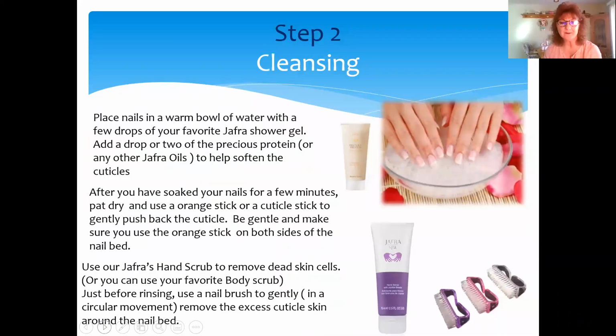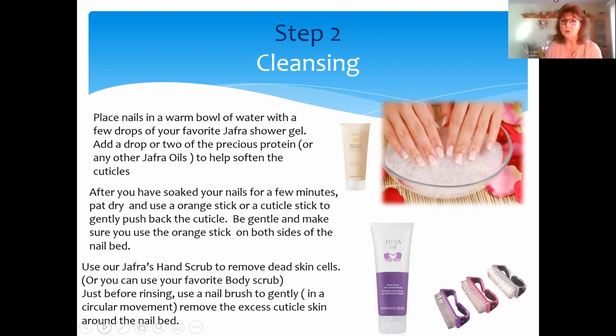Okay, next. The next thing you want to do is take your favorite shower gel and place a couple of drops in a warm bowl of water. I know that we can't get the Precious Protein except on specials, but any of your oils, your almond oil, your olive oil, I like to use the Precious Protein. So if you have it, you might want to try it.